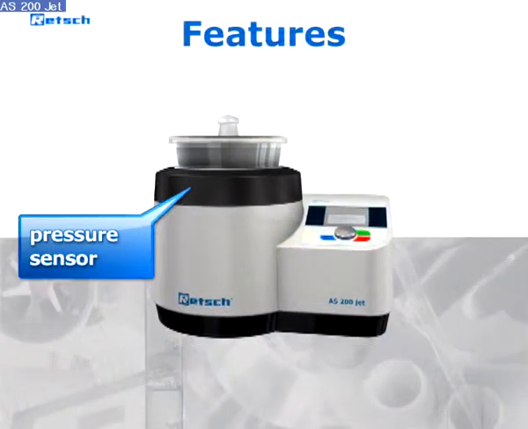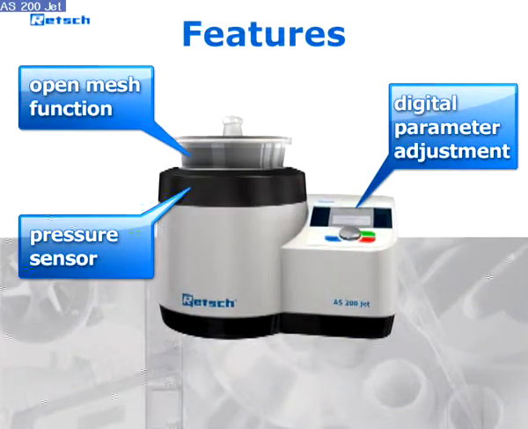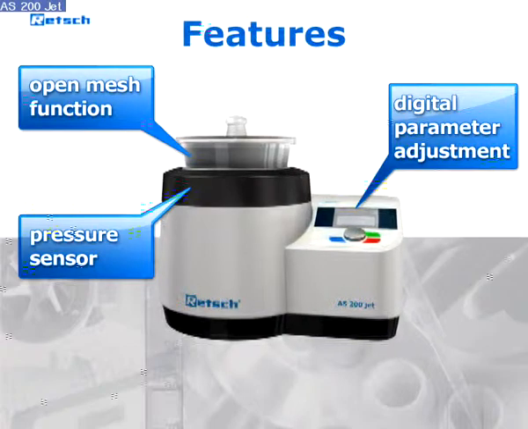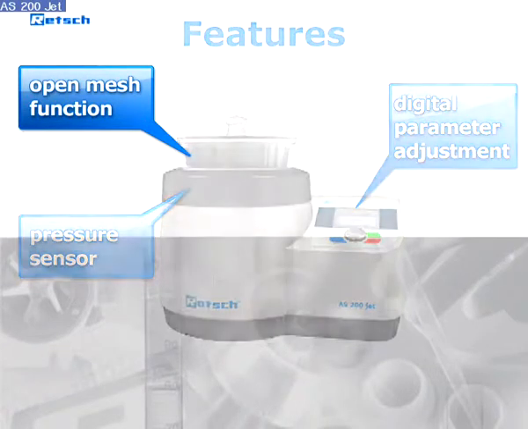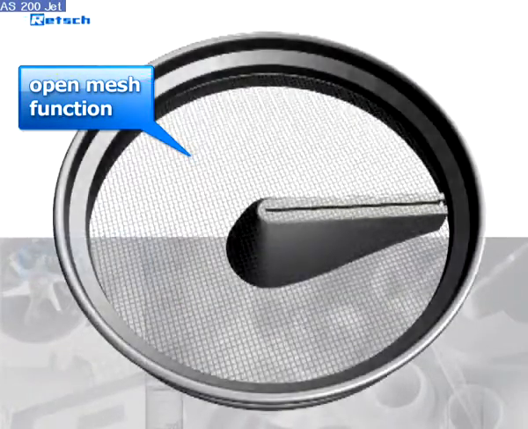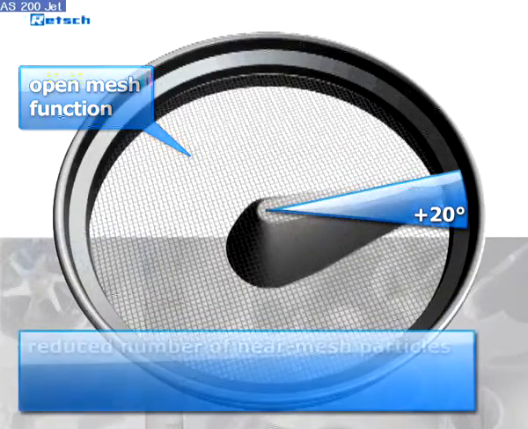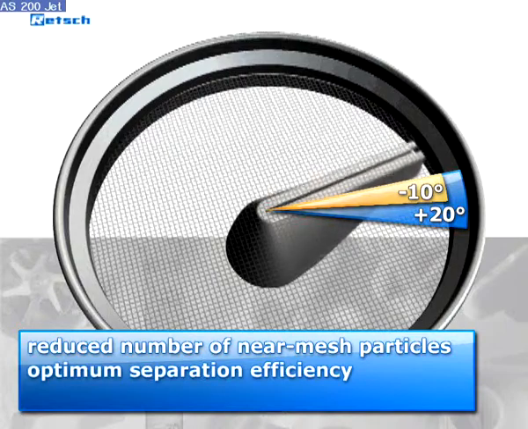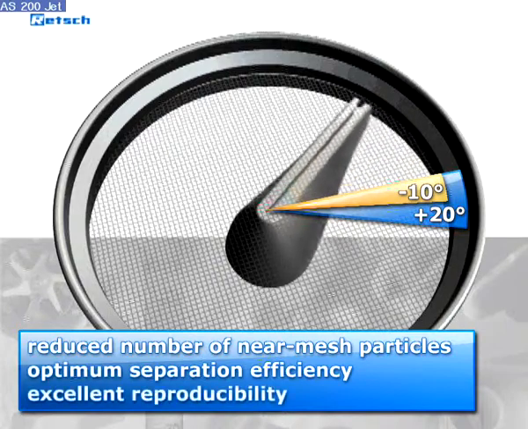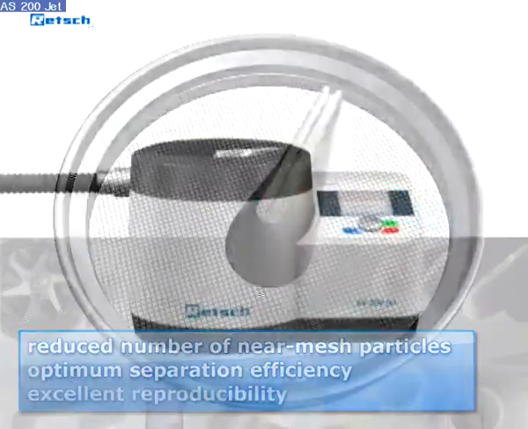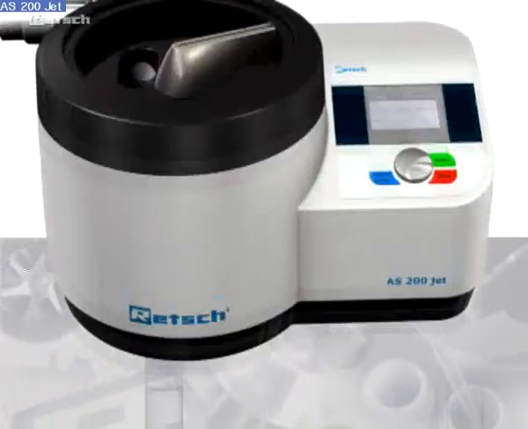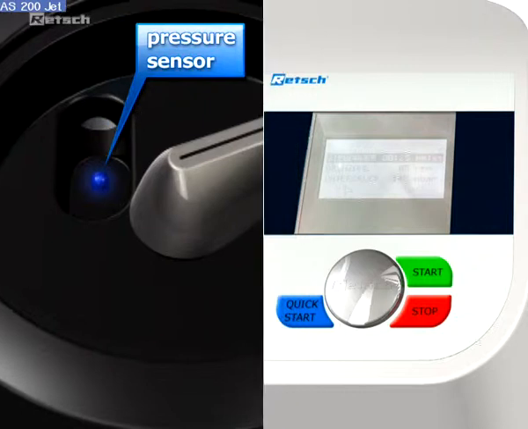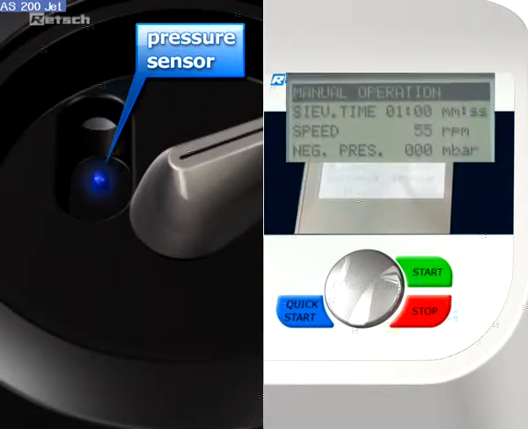Thanks to some special features, the AS200 Jet allows for extraordinarily reliable and reproducible sieving processes. The open mesh function, a procedure which greatly reduces the number of near-mesh particles, provides optimum separation efficiency and excellent reproducibility. A highly precise and sensitive pressure sensor inside the device constantly measures the negative pressure. The value is indicated on the display.